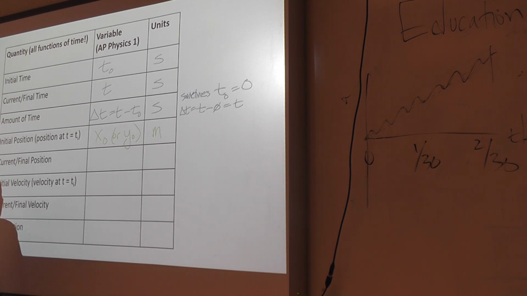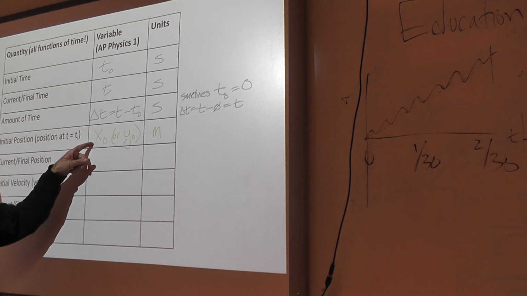I had some students, I think it was during the first period class, but some of you might have found this too, that they just inadvertently rotated their axes so that the y-axis was along the ramp. Did you do this? And the x-axis was perpendicular, and that's fine. There's no law that says you got to make that horizontal-ish axis the x-axis. So the x or y is a user-defined term.